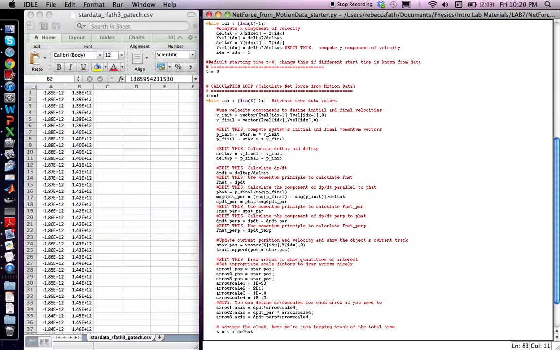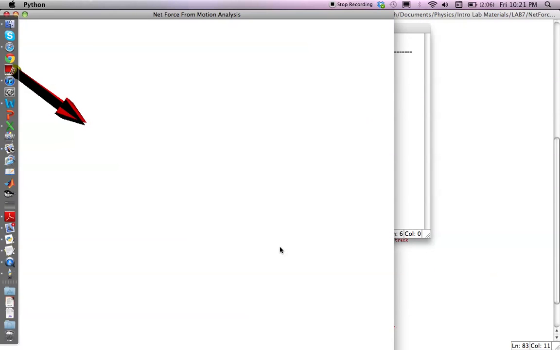And then since the total dp dt is equal to the perpendicular and parallel components, I just subtracted the parallel component from the total in order to get my perpendicular, and then the F net perpendicular is again equal to the dp dt perpendicular. So then we use this, and you can see the code run.